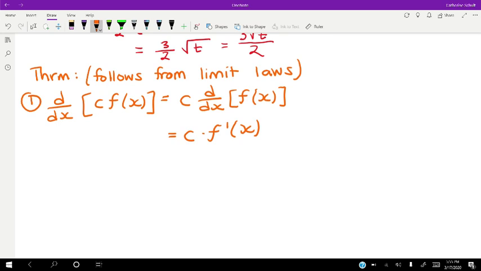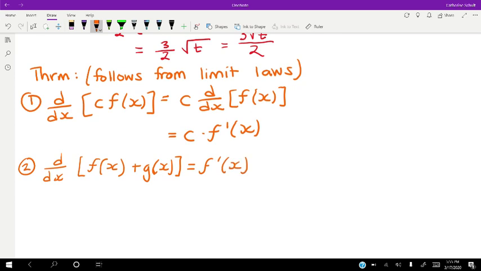So it's saying the same thing. Okay, let's do the next one. If we have the sum of two functions and we want to take the derivative, guess what we can do? We can take the derivative of each function and add them up after.